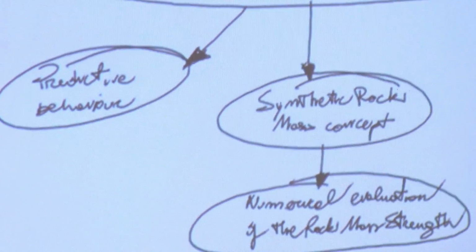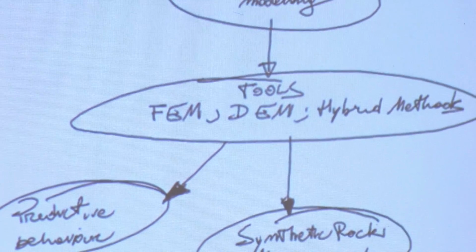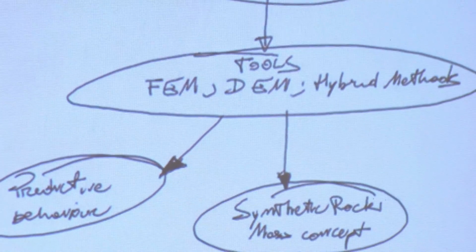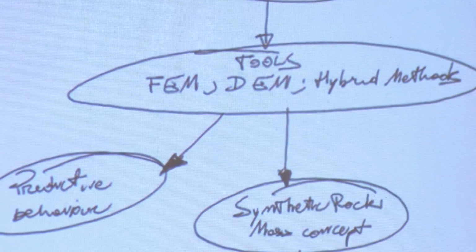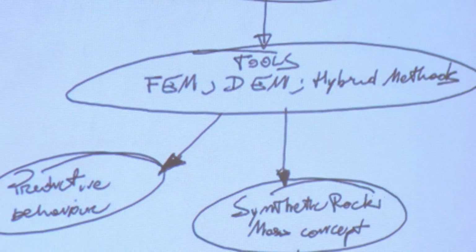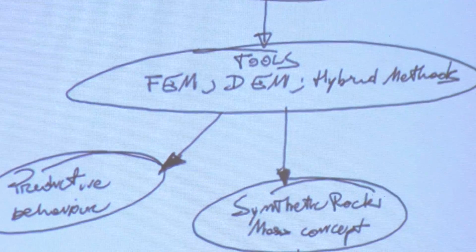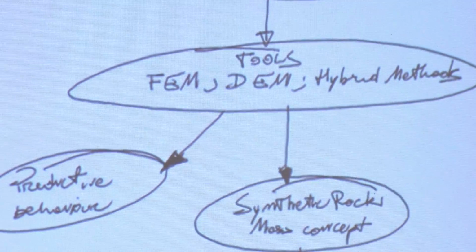Generally, you have different types of mathematical approach that will help to solve complex situations. One is the finite element model. Others are the finite differences. FLAC is a finite difference model. You have a discrete element model.